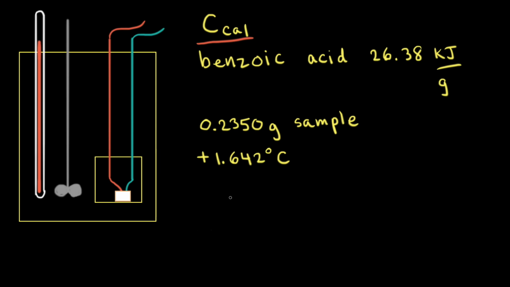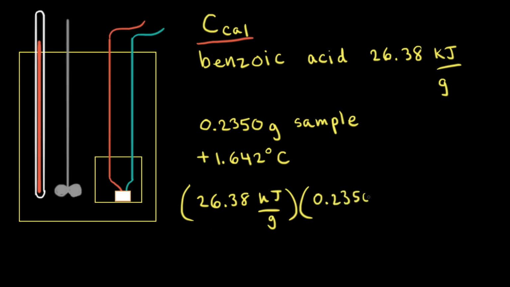To find the heat capacity for the calorimeter, first we take our known amount, which was 26.38 kilojoules per gram, and we multiply that by how much benzoic acid we used in our calorimeter, which was 0.2350 grams. And so the grams will cancel out, and this is equal to 6.199 kilojoules.